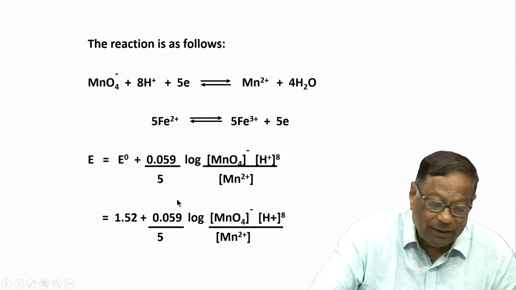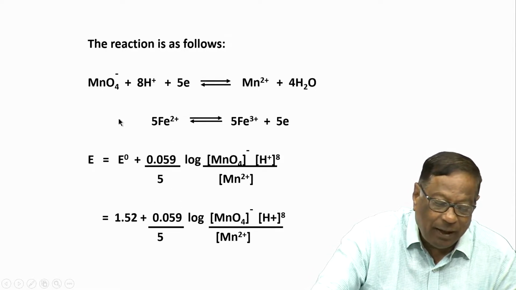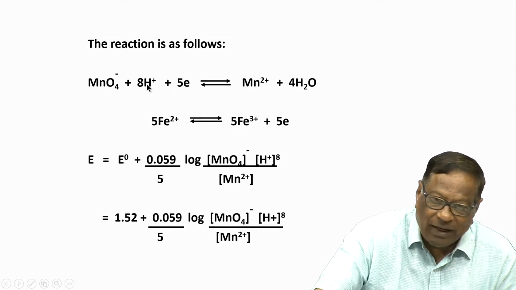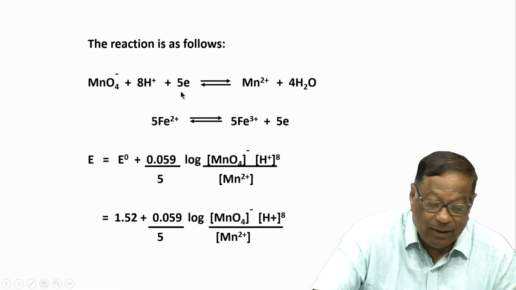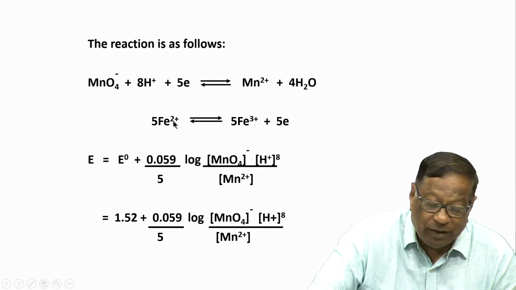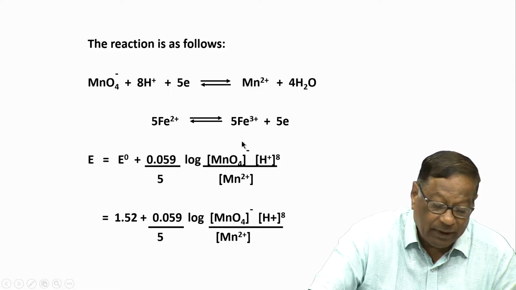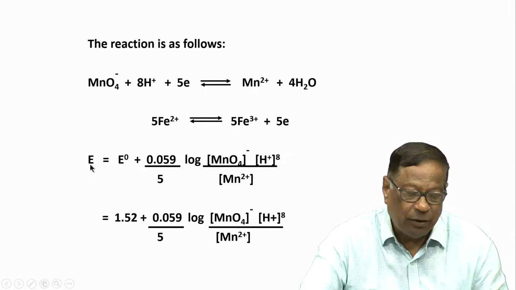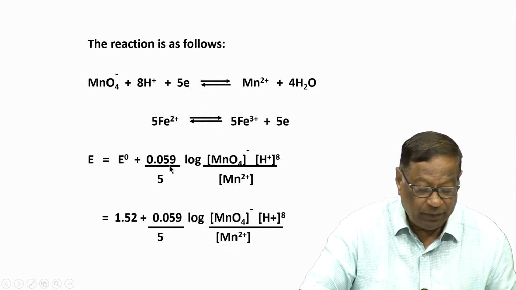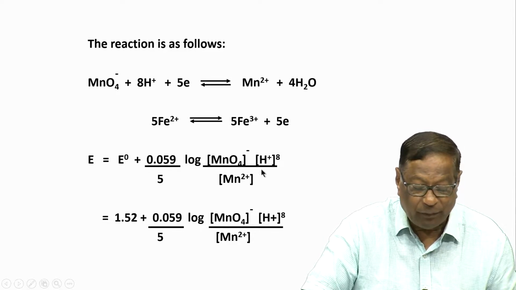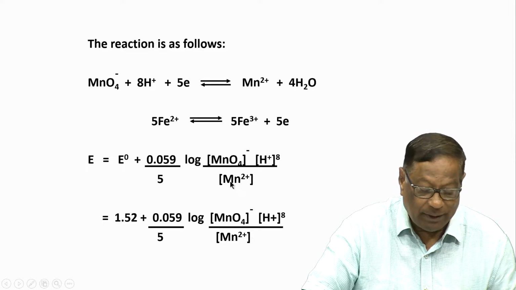Now, look at it. What is the reaction basically? I have MnO4- plus 8 H+, that is a highly acidic reaction, plus 5 electrons, that will lead to Mn2+ plus 4 H2O, and 5 Fe2+, this other half cell reaction, goes to 5 Fe3+ plus 5 electrons. Okay. So, E is equal to E naught plus 0.0591 divided by 5 electron system, logarithm of MnO4- into H+ raised to 8 divided by Mn2+.